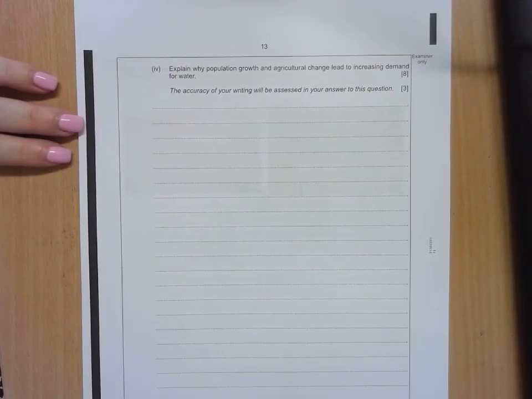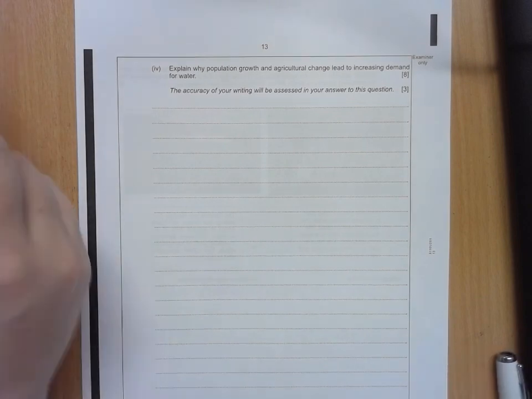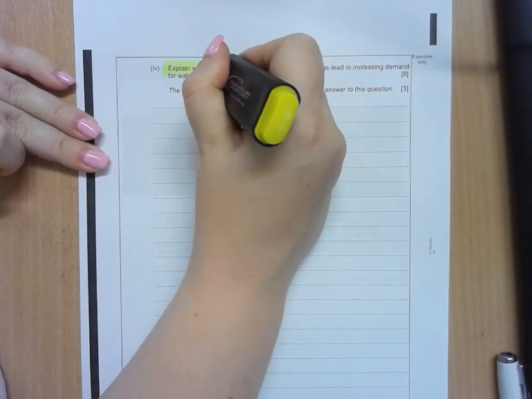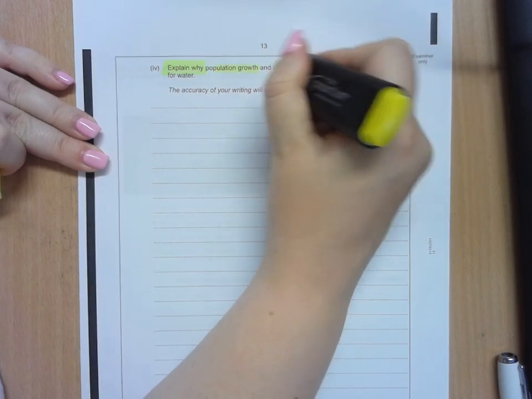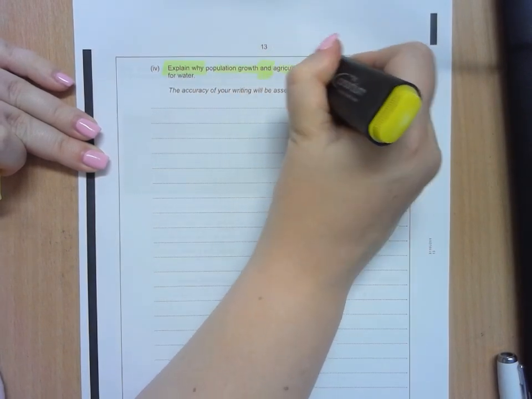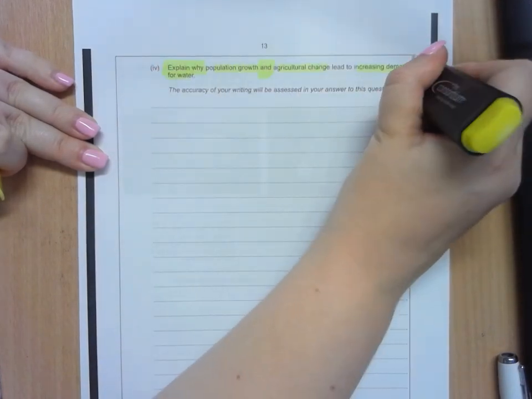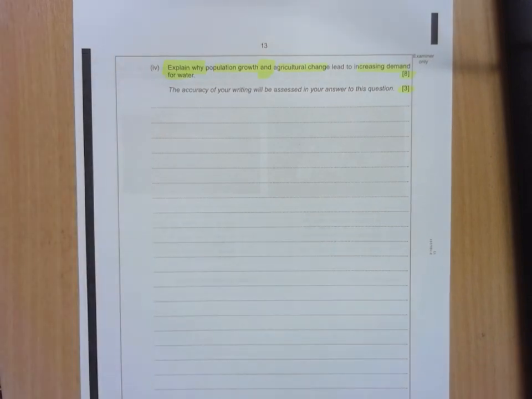Here we go, our first essay. Explain why population growth and agricultural change lead to increasing demand for water, for 8 marks. We know as soon as there are 3 marks, we have our 3 marks here for spelling, punctuation and grammar and use of key terminology.